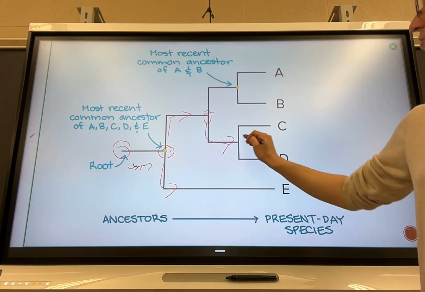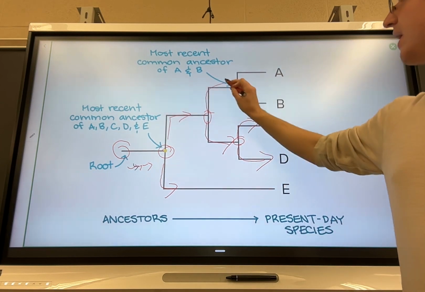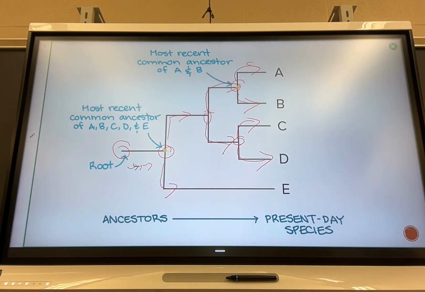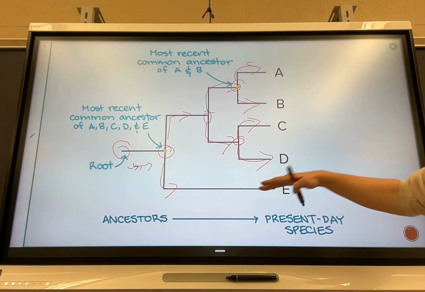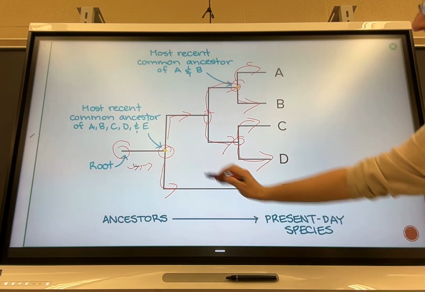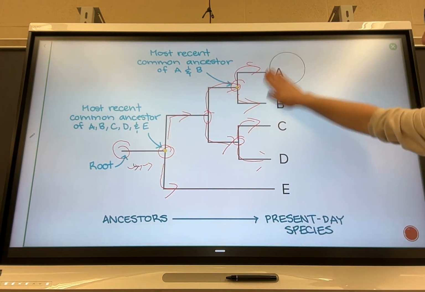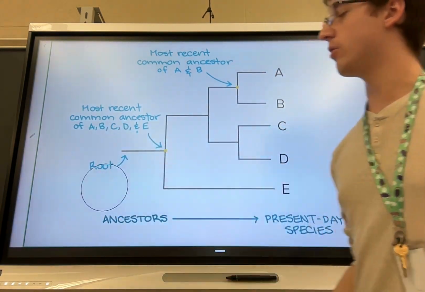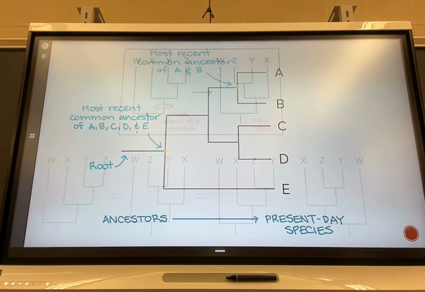Those broke into 2 different species, and up here again we divided into 2 different species. But this other one, you can see that species E just diverged at this first common ancestor and kept the same traits over time, or kept evolving through the same pattern over time. There was no breaking up of species E.